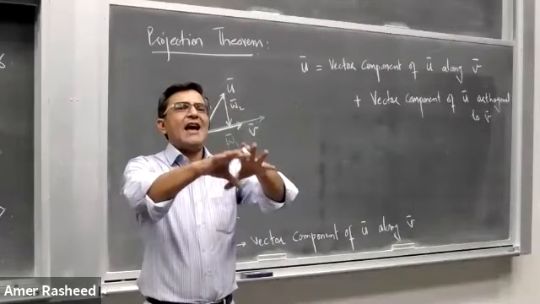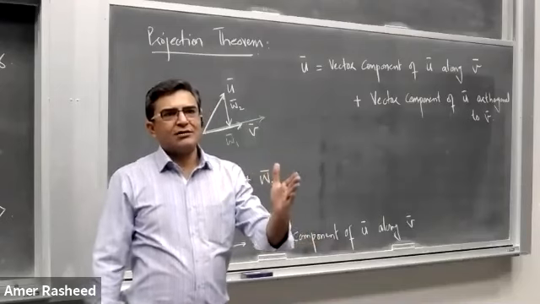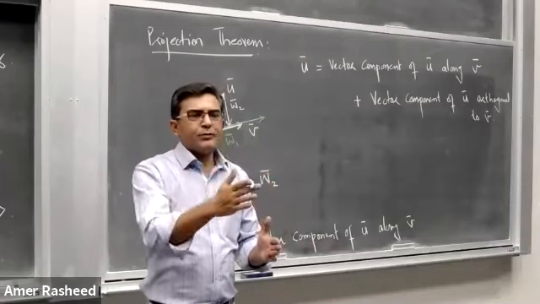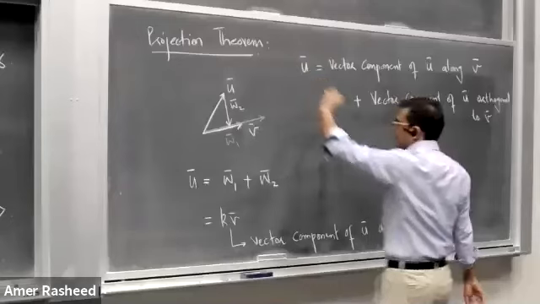U can be uniquely expressed as the sum of two vectors: the vector component of U along V, and the vector component of U perpendicular to V. This is what the projection theorem tells us.